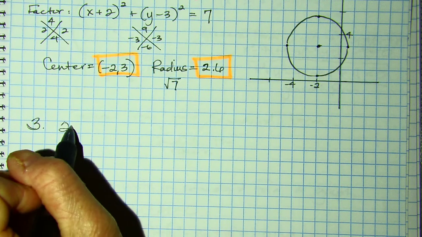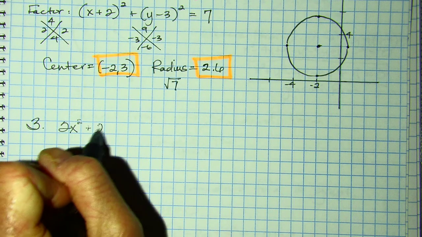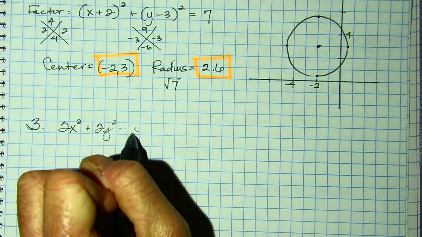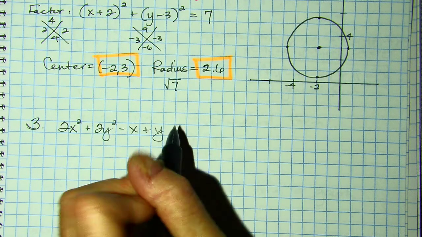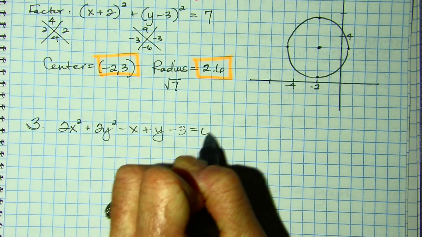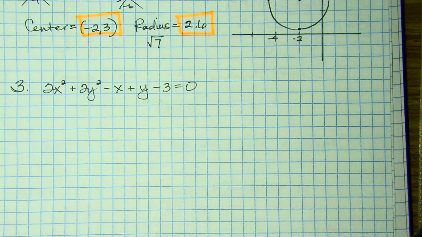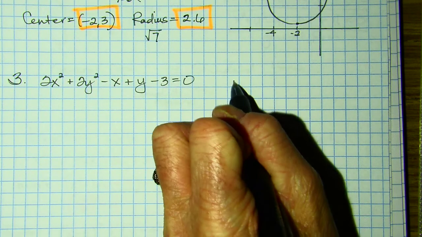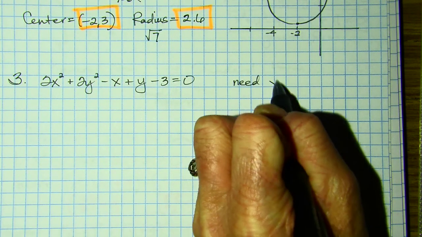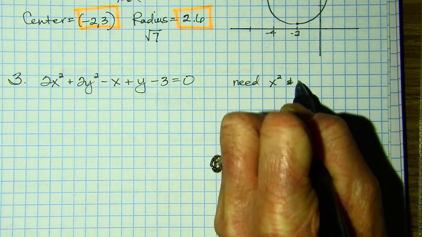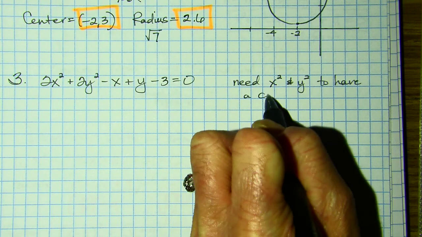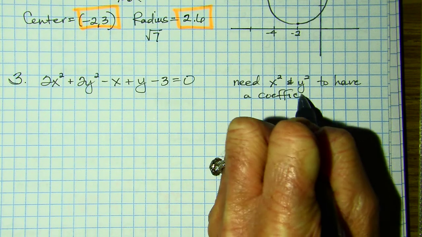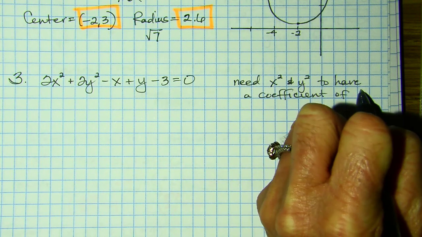So for this next one, I have 2x squared plus 2y squared minus x plus y minus 3 equals 0. Now, in order for us to complete the square, I need x squared and y squared to have a coefficient of 1.